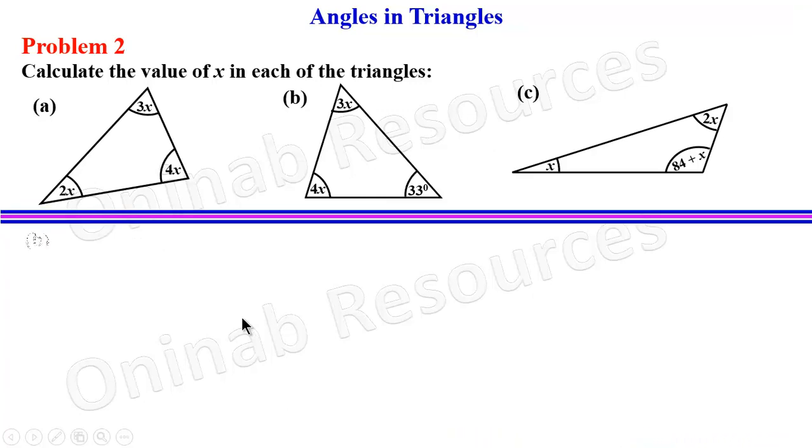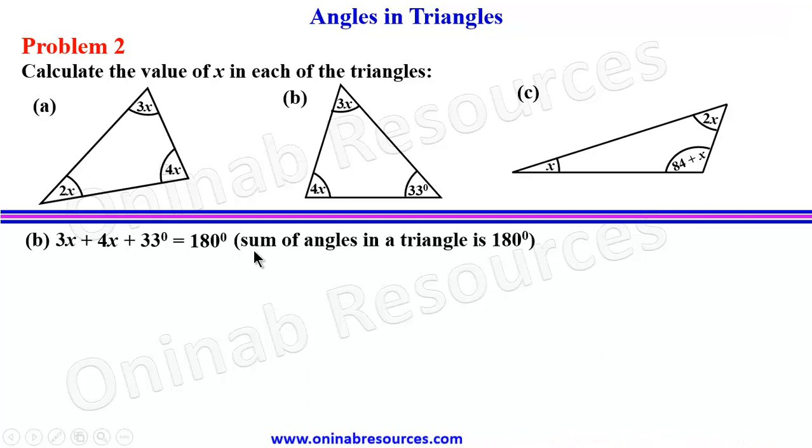We go to B. For B, in the same way, we say 3x plus 4x plus 33 degrees is equal to 180 degrees. Still, sum of angles in a triangle is 180 degrees. This is 7x plus 33 is equal to 180 degrees. Take this to this side.